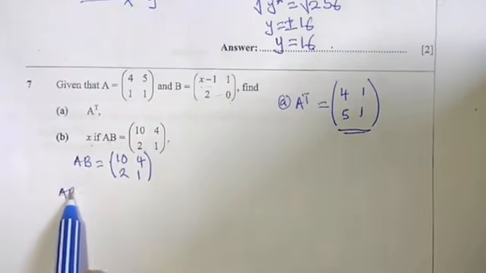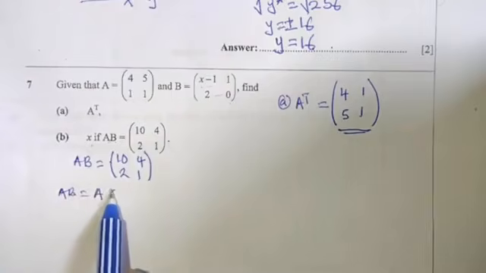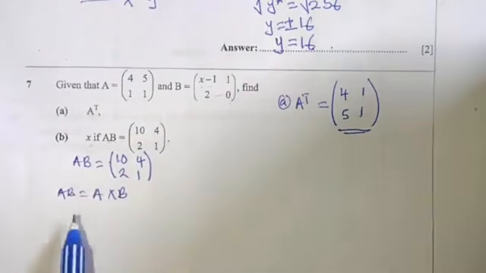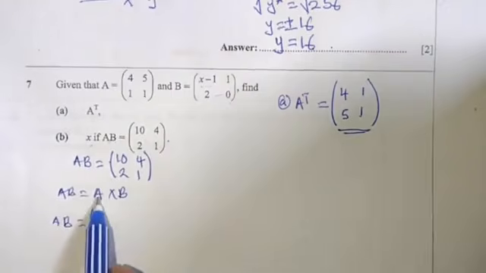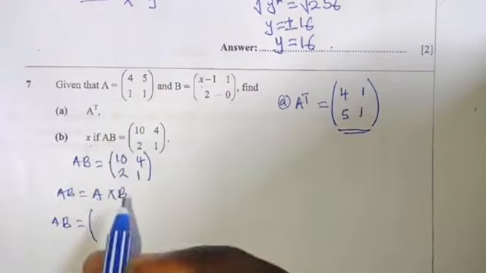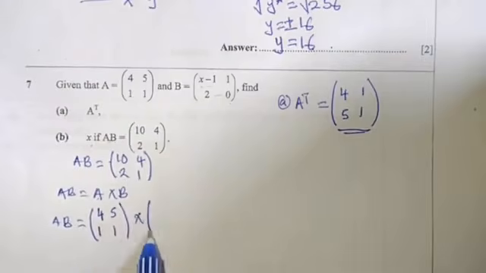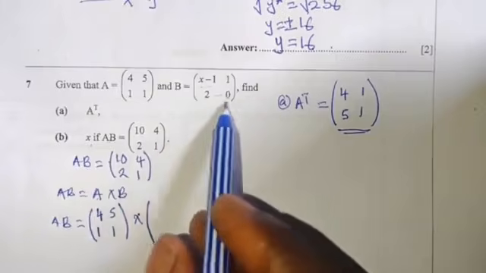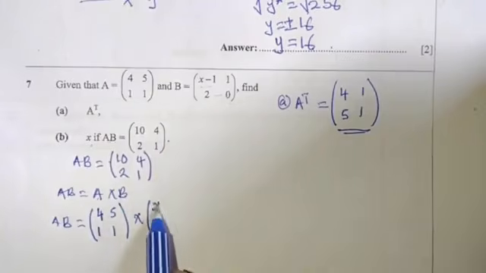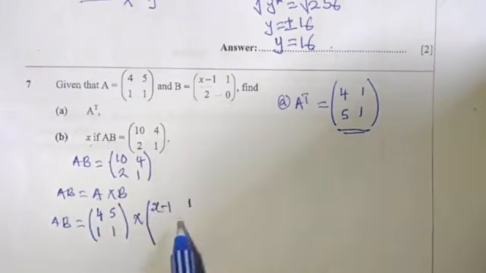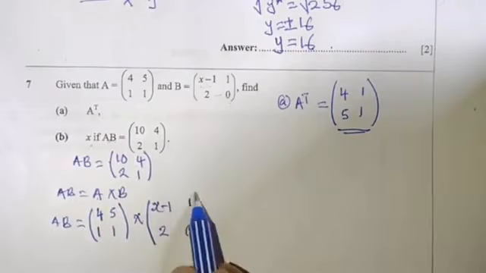Matrix AB means we multiply A times B. So AB equals the matrix for A, which is 4, 5, 1, 1, times the matrix for B, which is x, minus 1, then 1, 2, 0.